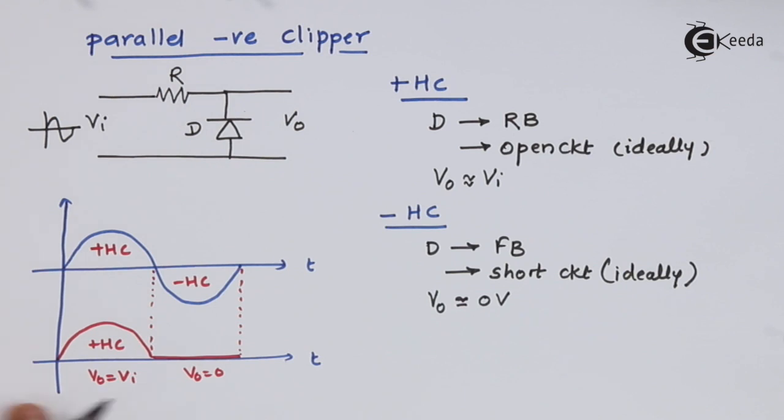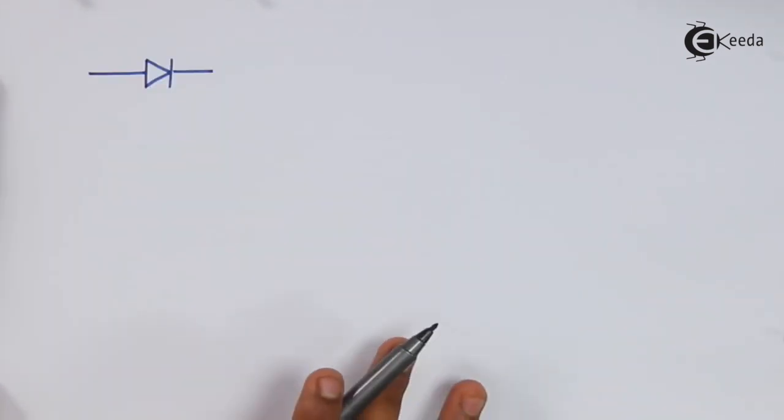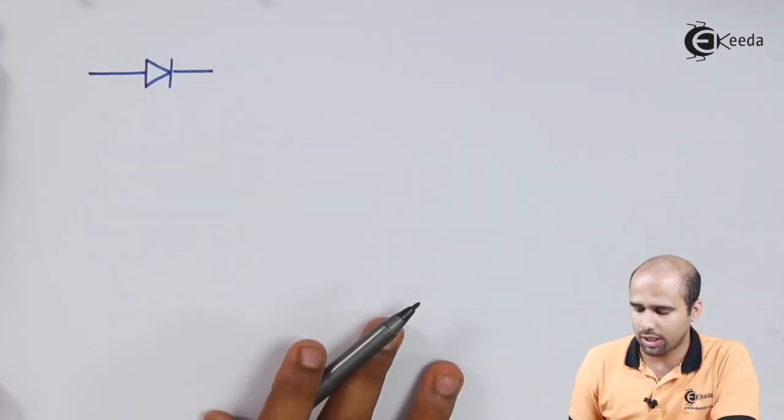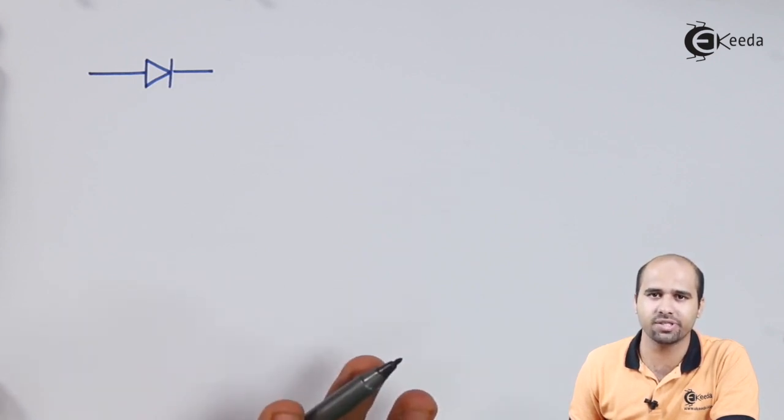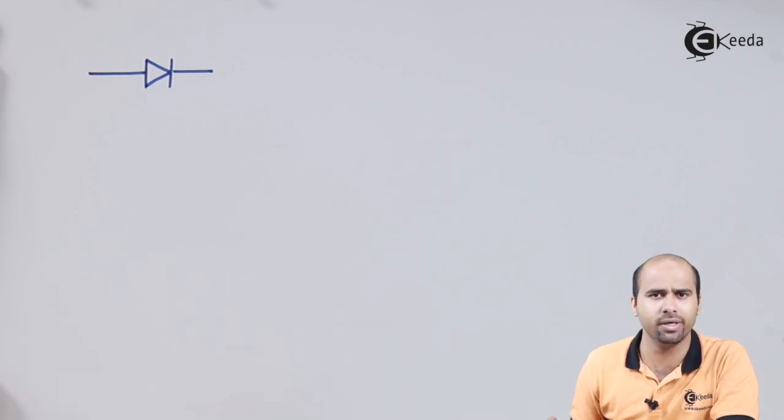The first thing you must know, as far as the series and parallel bifurcation is concerned, is that if the diode is in series, then it's a series clipper. The next step is how to identify whether it is a negative clipper or positive clipper. Now this is the time to understand the trick to identify whether this is a series positive clipper, parallel negative clipper, and so on.